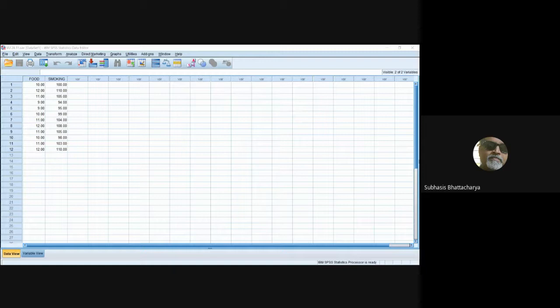The first variable, that means the food, explains 99.361% of the variability, which is highest, whereas the smoking explains only 0.639%. So you can directly reduce the smoking from your analysis. This is how you can remove the variables. This is the basic thing.